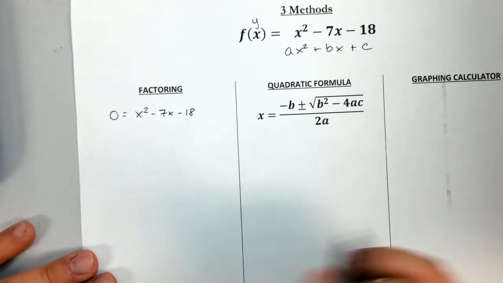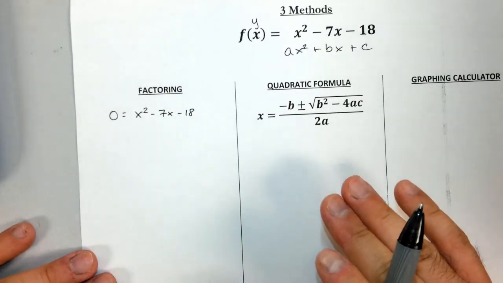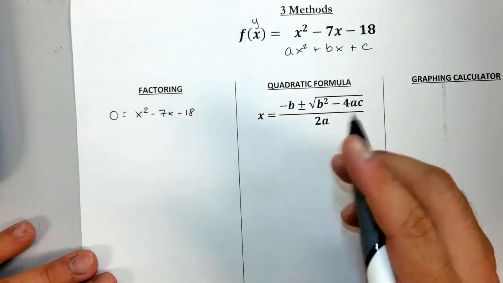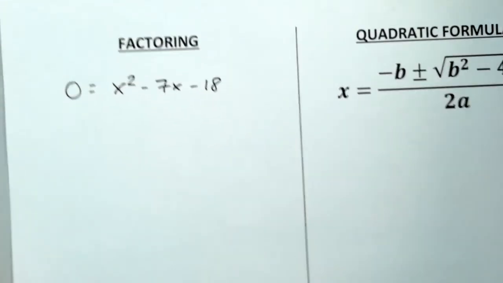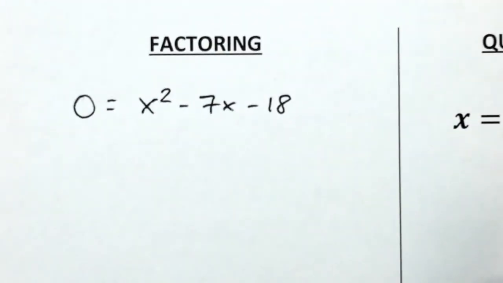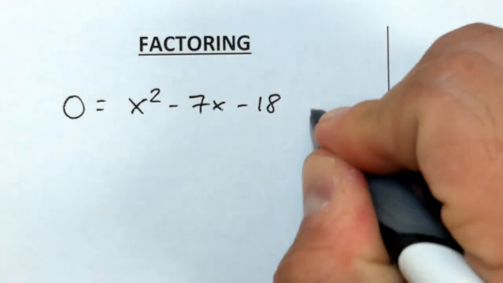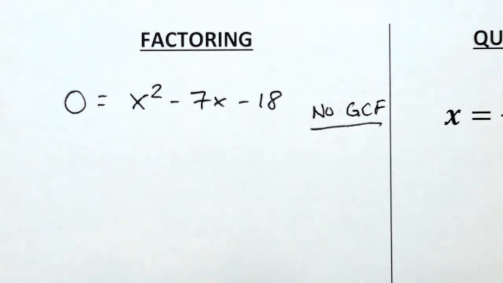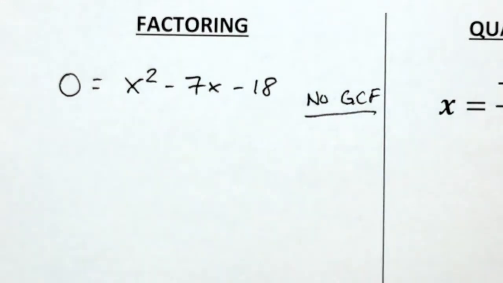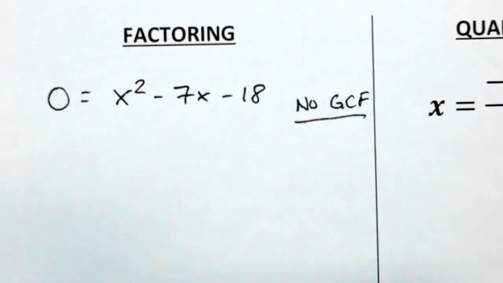Now I just want you to factor this like you already know how to do. The first thing I will do is check for a GCF, and as I'm looking at it, I don't see a GCF. And that's okay. You won't always have one, and if you don't, that just means you can go straight into factoring if it's possible to factor.